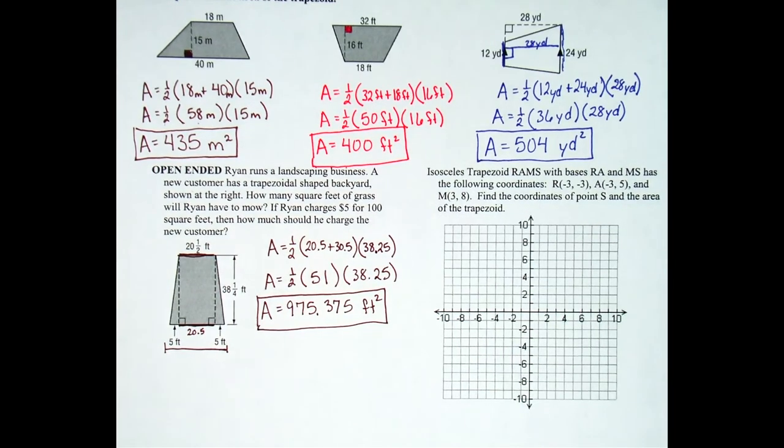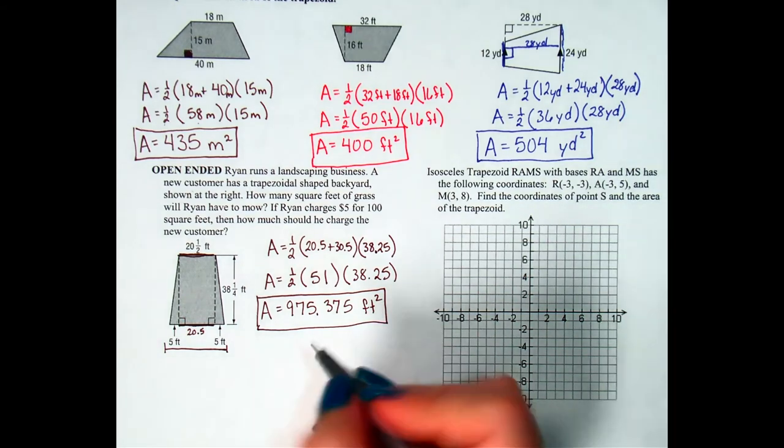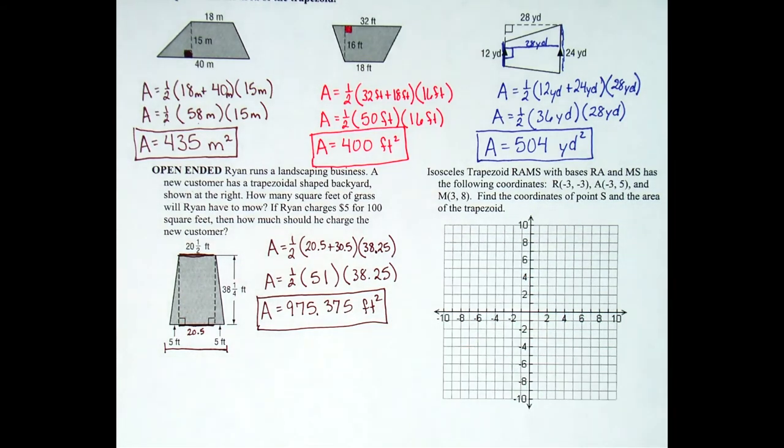Okay, how much should Ryan charge? Sorry, if Ryan charges $5 for 100 square feet, how much should he charge the new customer? Okay, so I need to take this number and figure out how many 100 square feet that is.